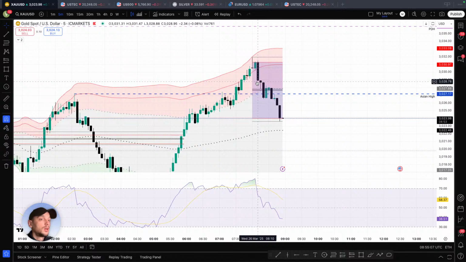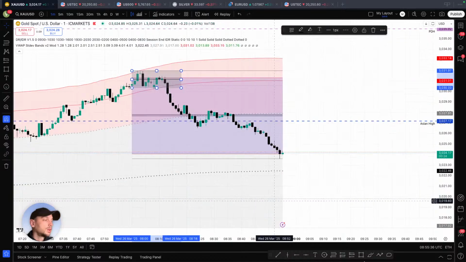The price has been clearly overbought. We're on top of the VWAP, and our 5 minute ORB closed. So we can see that we missed a trade here.